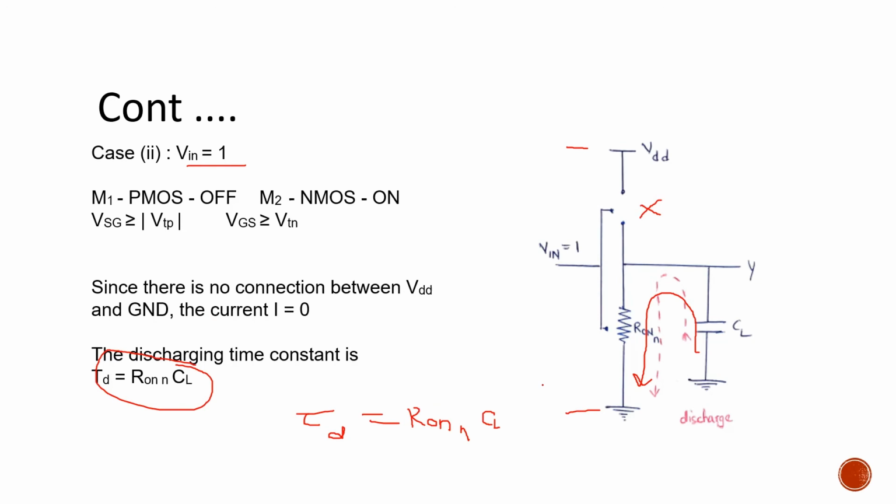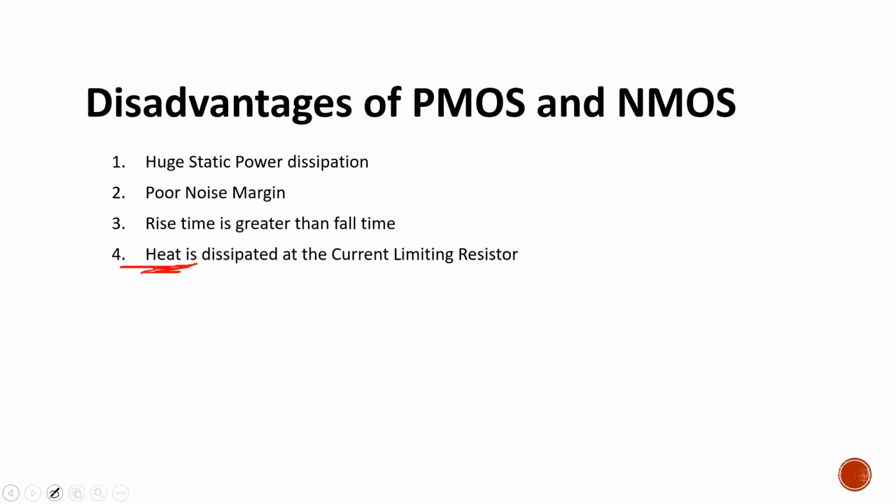The disadvantages can be overcome because no current flows through the rail to rail connection, as there is no connection. Similarly, the noise margin is also good, because there is no rail to rail connection. VOH is VS only.